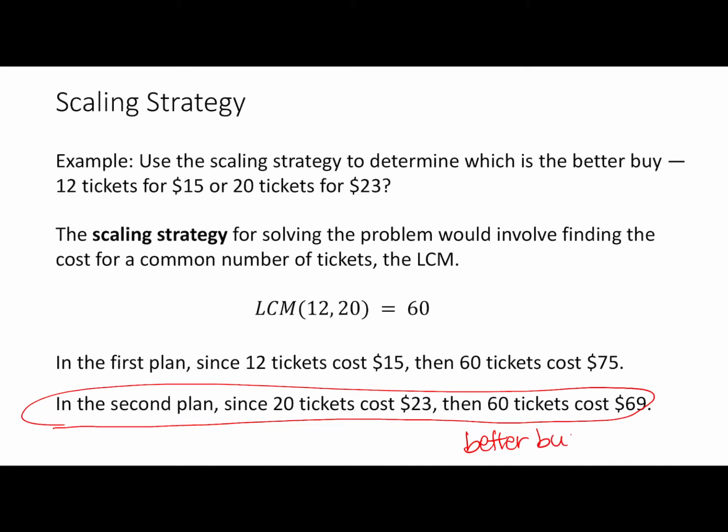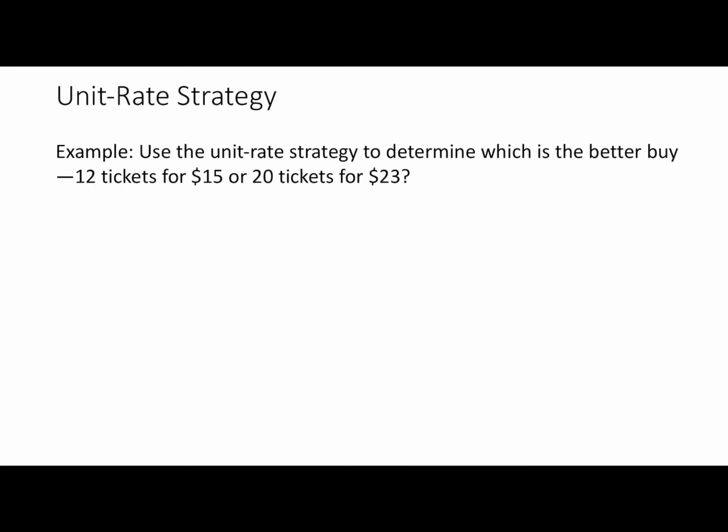Okay, so that's the scaling strategy. Scale it so that you're comparing the same number of objects at once. Okay, the unit rate strategy is to look at the cost per unit. So here I'm going to want to know what's the cost per ticket in each of the plans.